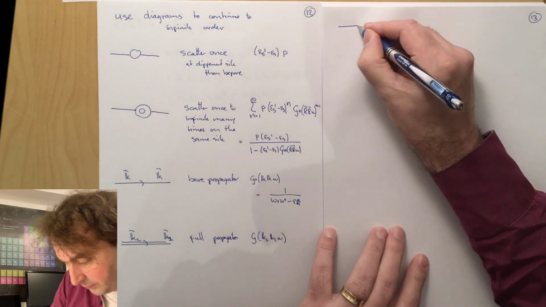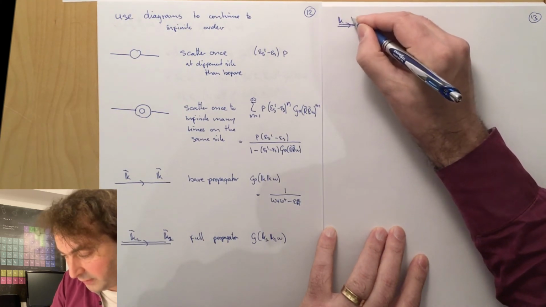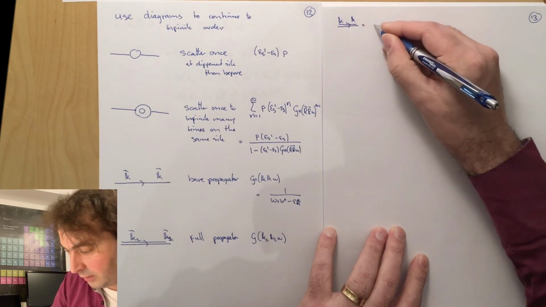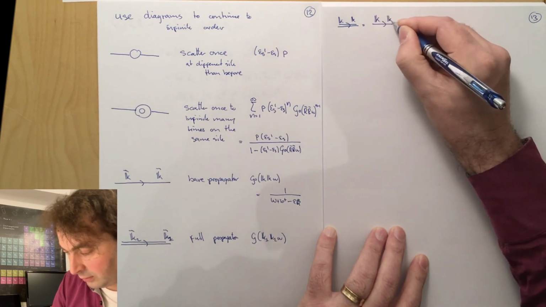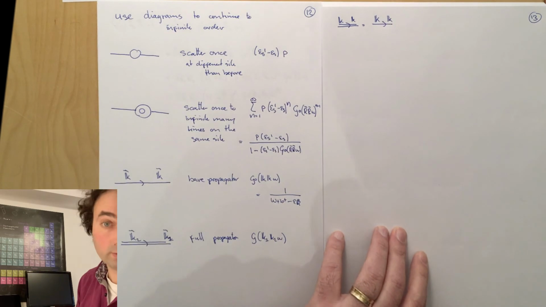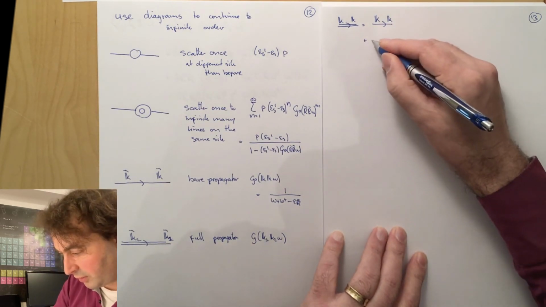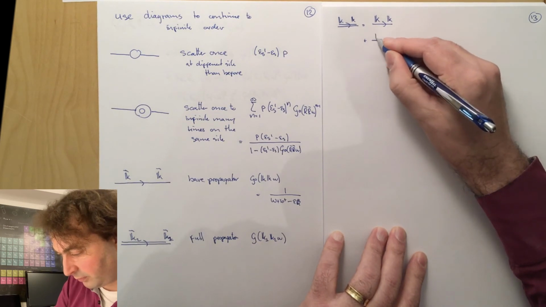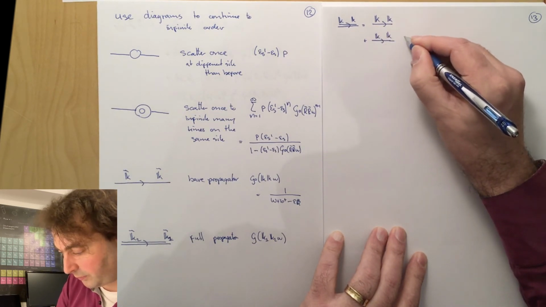So our full propagator is given by the bare propagator, where we do not scatter, plus the propagator where we do not scatter, going from k to k.